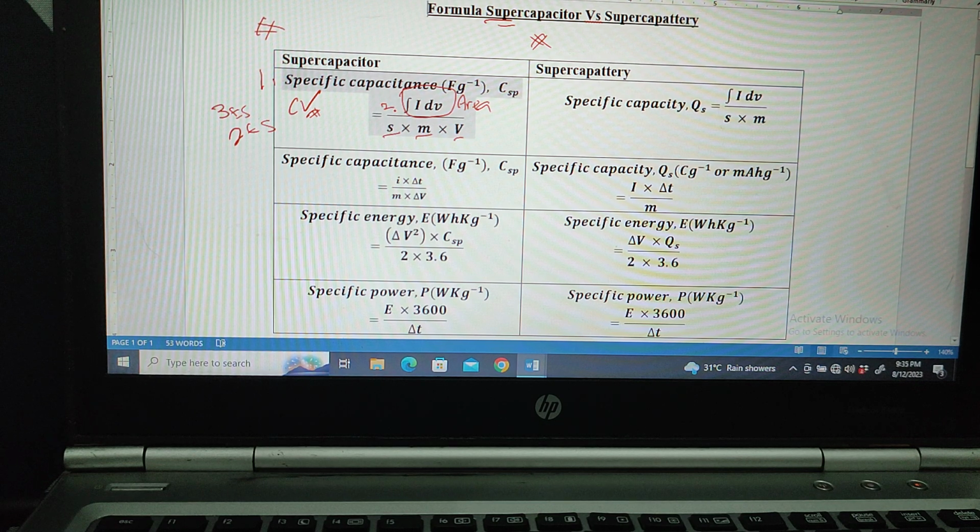Actually, the presence of number 2 or the absence of number 2 depends on how you get your mass. For example, for 3 electrode system, you just study either the positive or the negative electrode, so just get the mass of the positive or negative electrode. So you don't need the number 2 here.